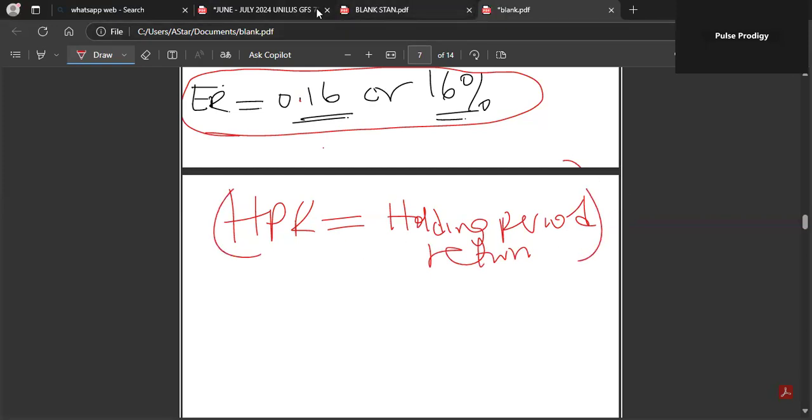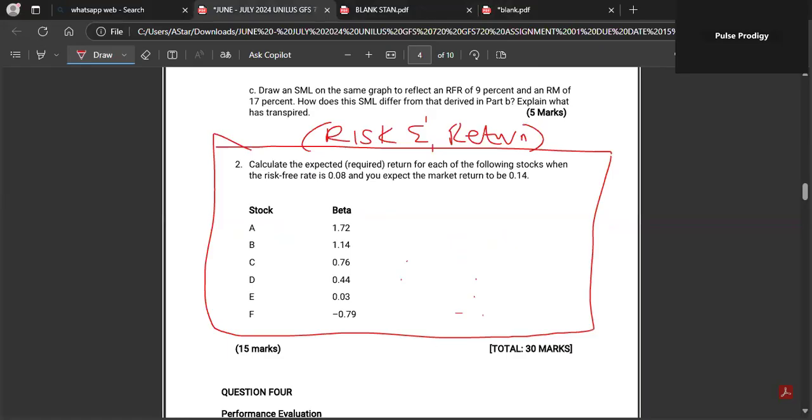So now let's look at something else. We have this question 2. It says calculate the expected or required rate of return for each of the following stocks when the risk-free rate is 0.08 and you expect the market return to be 0.14. I will just do stock A. These other ones I want you to calculate so that I can audit what answers you are going to get.